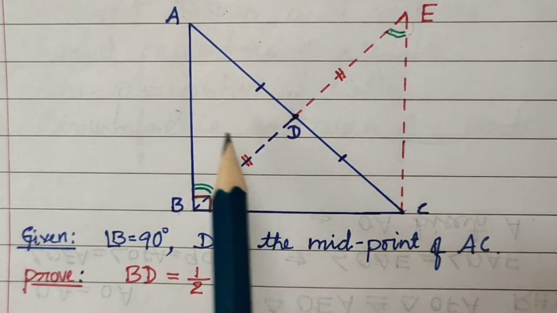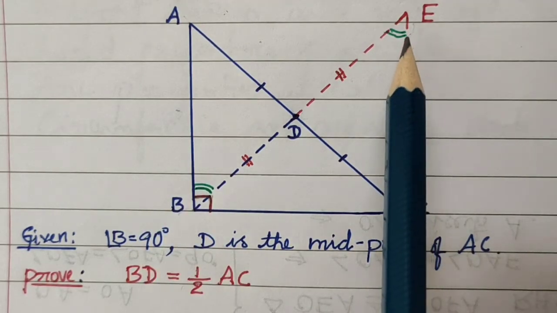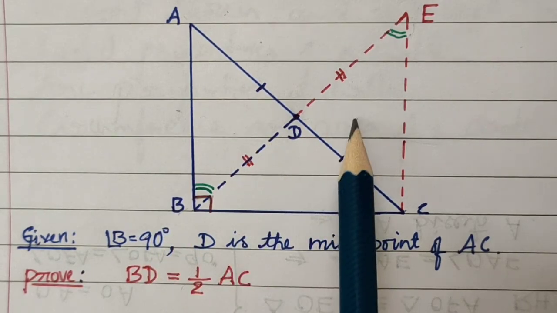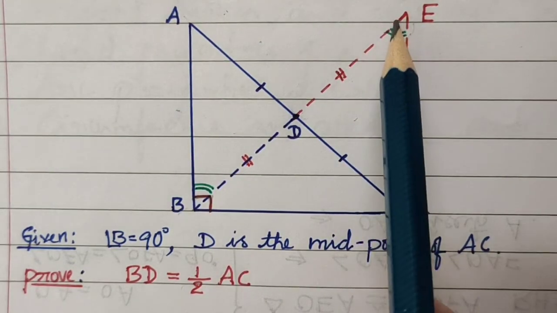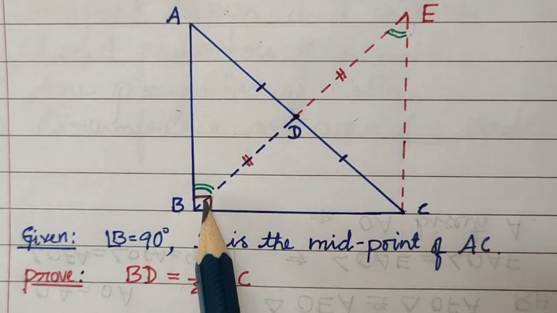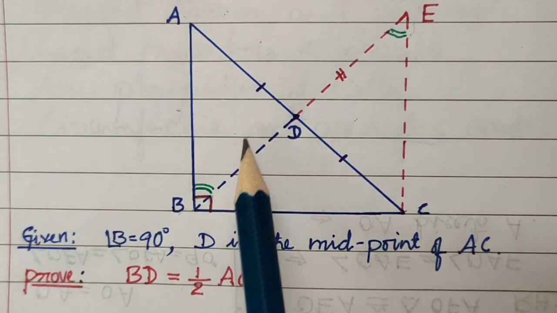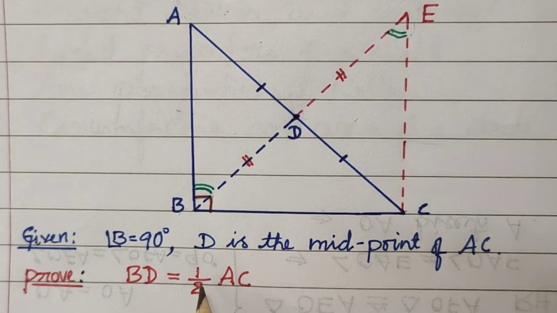Then after proving that, we need to prove triangle ABC is congruent to ECB. Once we prove these things, this hypotenuse AC will be equal to this hypotenuse EB. Then we can easily prove that BD is equal to half of AC.